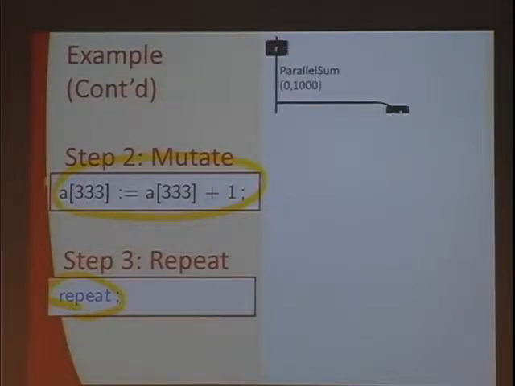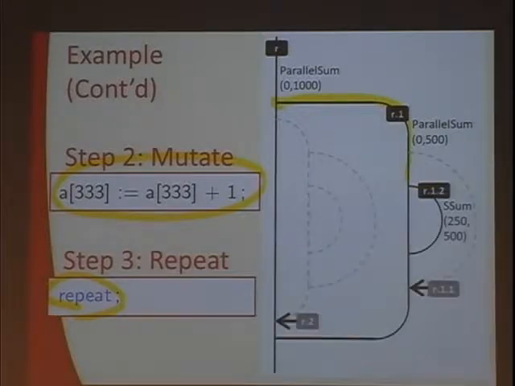In our invalidation scheme, we're going to figure out that this code did, in fact, read the array element at index 333, so we're going to have to re-execute. When we get to the parallel sum, to the fork, we're going to see that we had to re-execute the child fork for parallel sum of 0 to 500, because that fork was the one in which we read element 333, and so on.